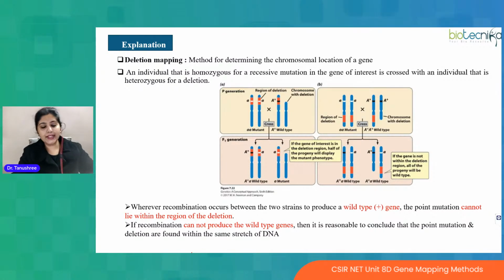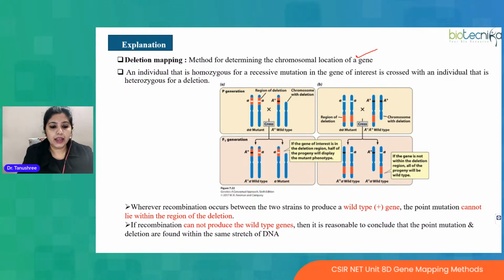So basically, what is deletion mapping? Deletion mapping is a method, as I told you, for physical maps. Different strategies can be used to construct the physical map, and one is deletion mapping. So deletion mapping is a method for determining the chromosomal location of a gene.